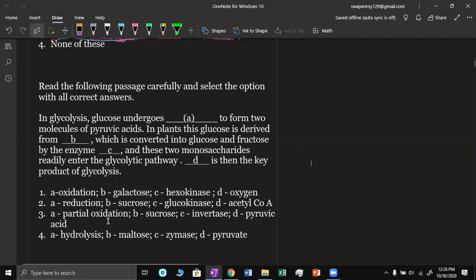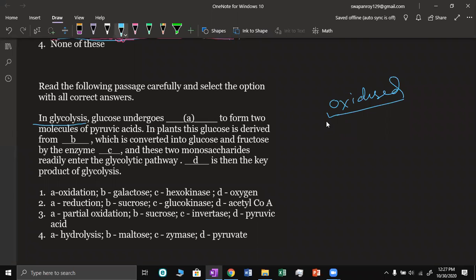So here, in glycolysis, glucose undergoes what? Glucose is oxidized, is it? But this one is glycolysis. In glycolysis, the complete oxidation does not take place. Is it complete oxidation?